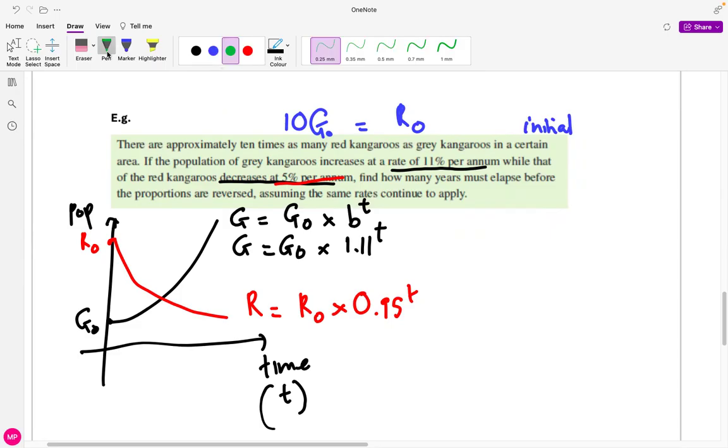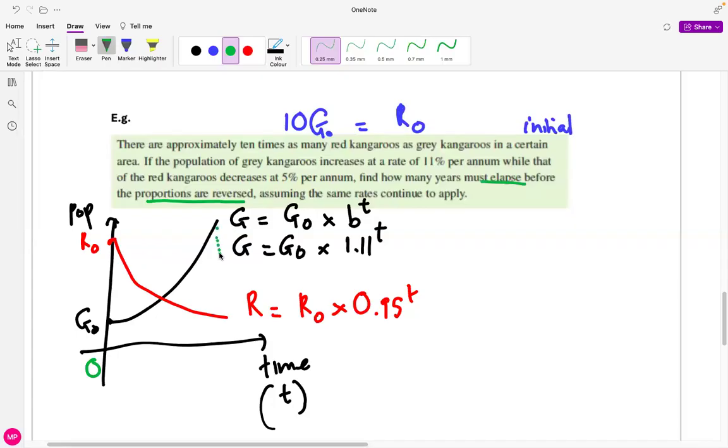Then they say to find out how many years must elapse before the populations are reversed. So what that means is initially you have more red than gray, right? After a certain amount of time, you can see the red decreasing, the gray increasing.